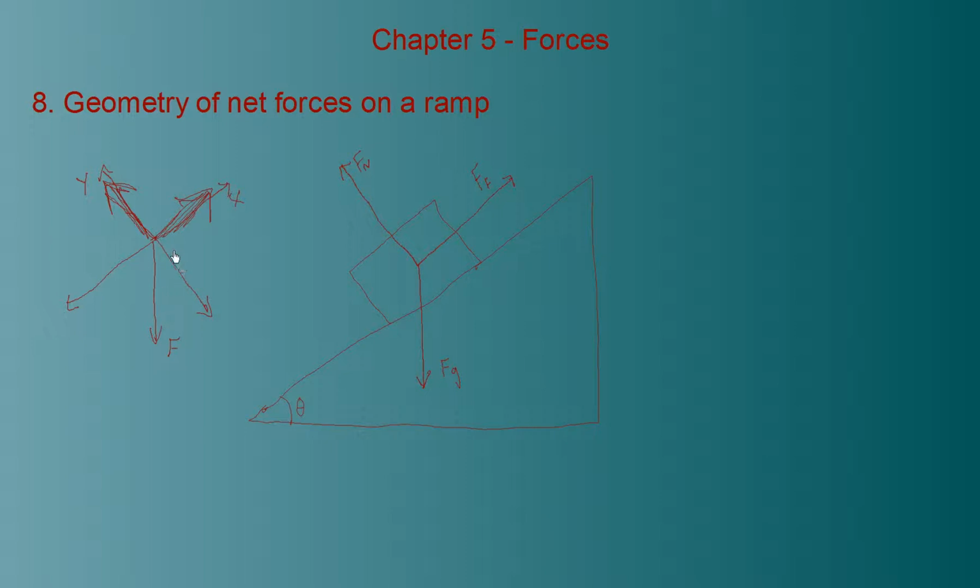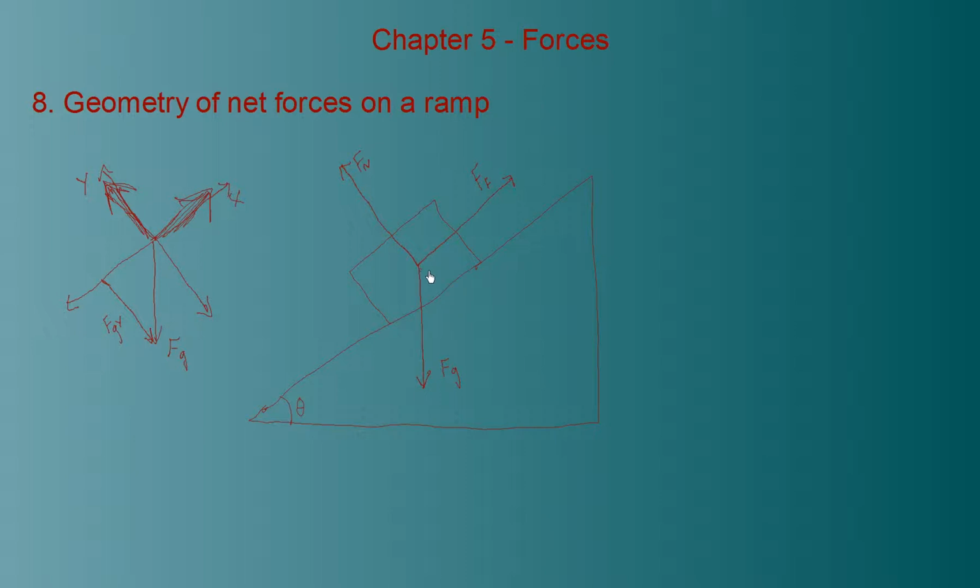It's actually really convenient to do it this way because the y component of gravity, sorry, I should put the g here, the y component of gravity, Fgy, is literally responsible for making the normal force. Why is that? Because, as we've discussed earlier, the block isn't moving into the ramp because the ramp's nice and solid.